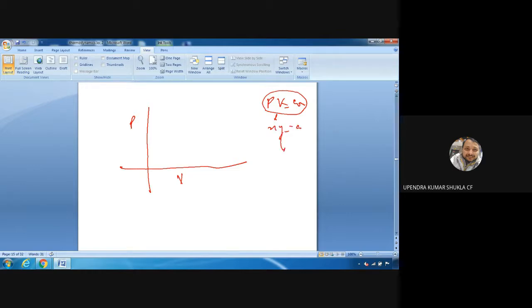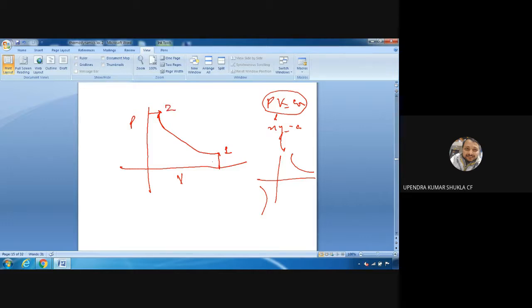This represents the rectangular hyperbola. The rectangular hyperbola ये ऐसे बनाते हो. This type of graph you will get. Now tell me, suppose this is P, so suppose initially you start from this state 1 and you reach this state 2.